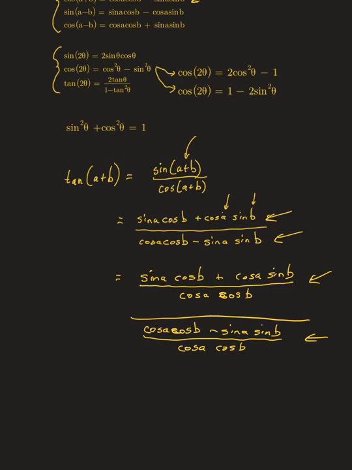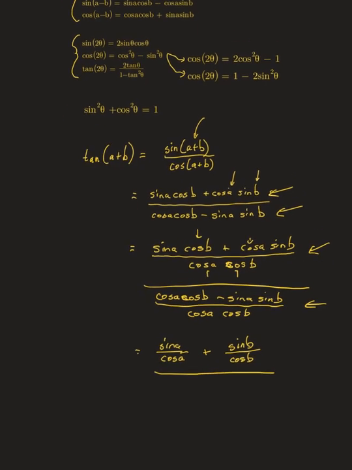So in the numerator, sine A cos B divided by cos A cos B, the cos B will just cancel out, and you're going to be left with sine A over cos A. And the second part, you're going to have cos A sine B divided by cos A cos B. Well, cos A will cancel with cos A, and you're left with sine B over cosine of B. And that's for the numerator.